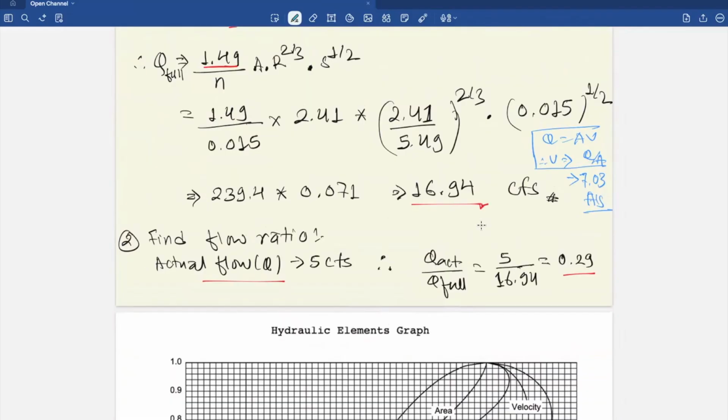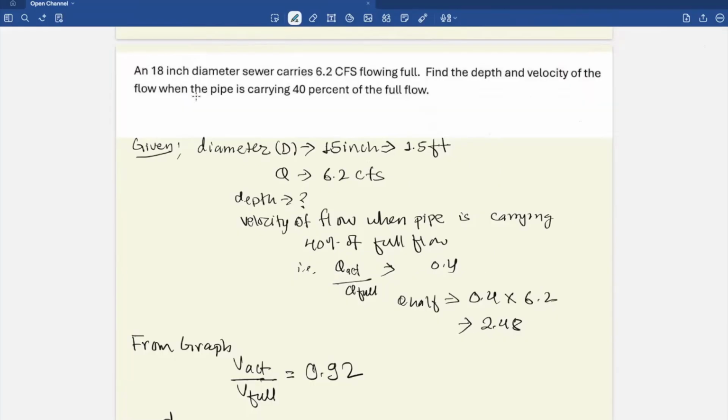If you wonder how I calculated V full, I used the continuity equation, Q is equal to AV, and from that I got 7.03. Also for 2B, let us read the question. The question asks us to find the depth and velocity of flow when a pipe is carrying 40% of the full flow.